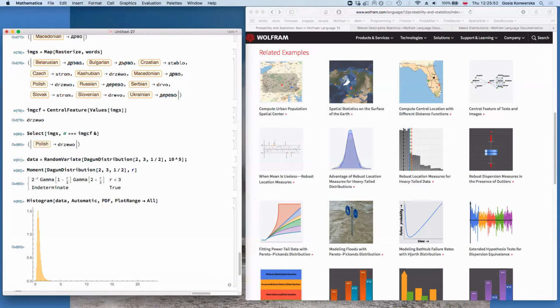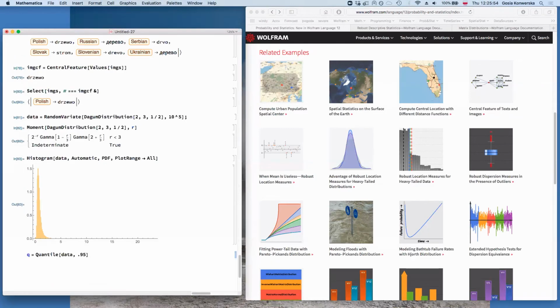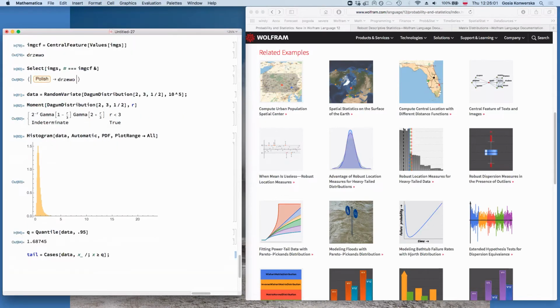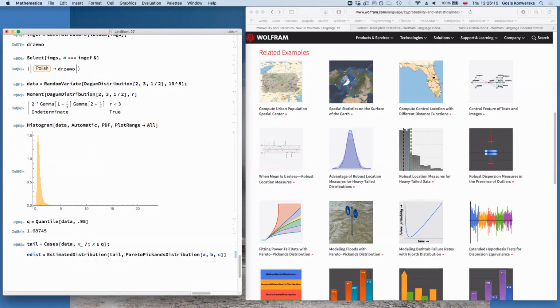What we can do now is take a quantile, this is 95%, and then compute the tail. We take all the data which are larger than the 95% quantile, and then fit the tail data to the Pareto Pickands distribution using estimated distribution. How do you know if this fit is actually any good?